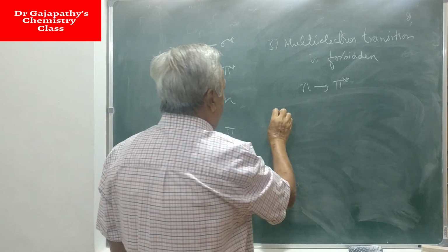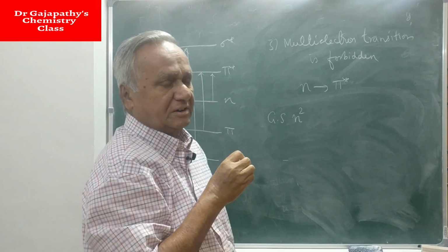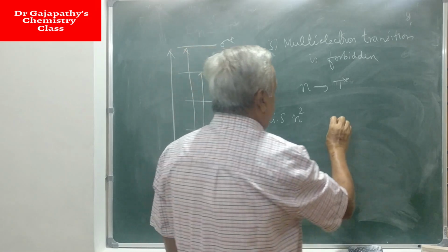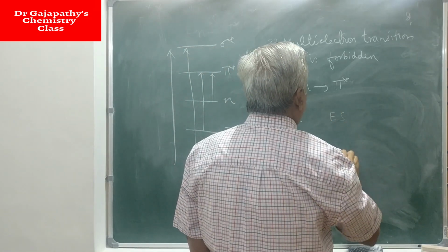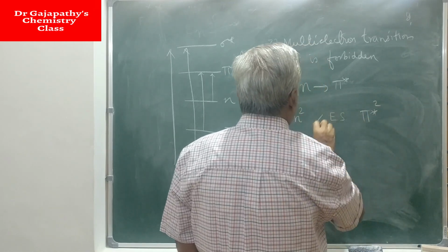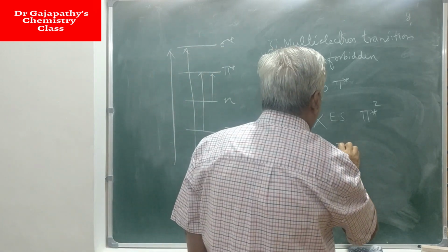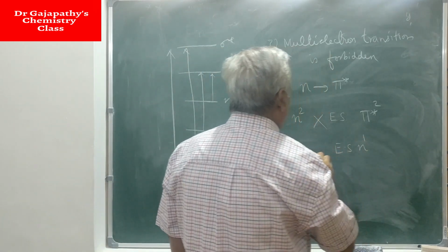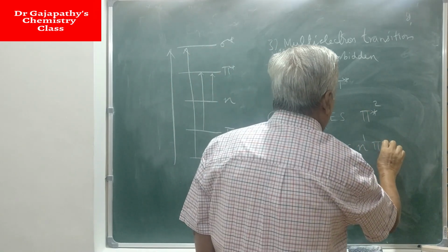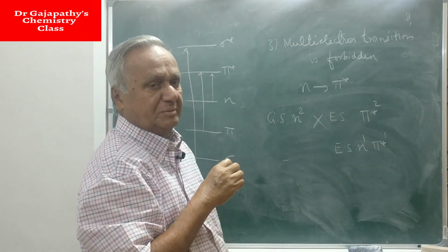In the ground state, there are 2 electrons in the n orbital, a lone pair of electrons in a non-bonding orbital. And the excited state cannot be pi star 2. This is not possible. There is only one possibility: one electron can be excited from the n orbital to the pi star orbital. So multi-electron transition is forbidden.